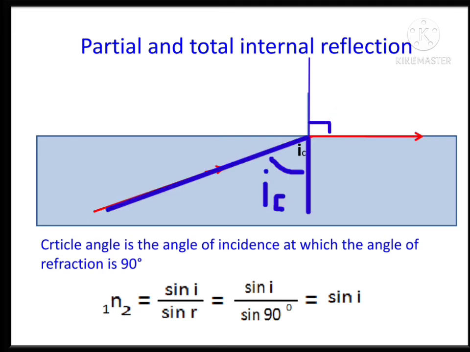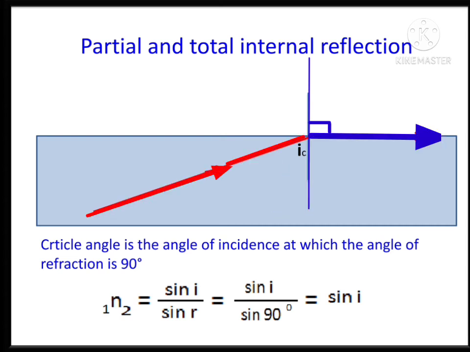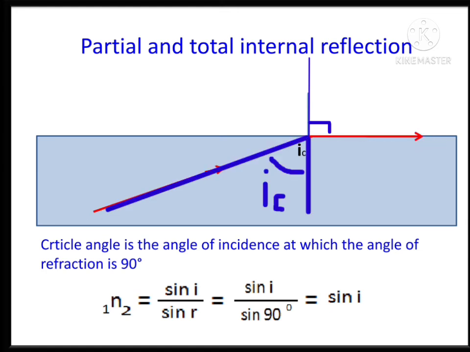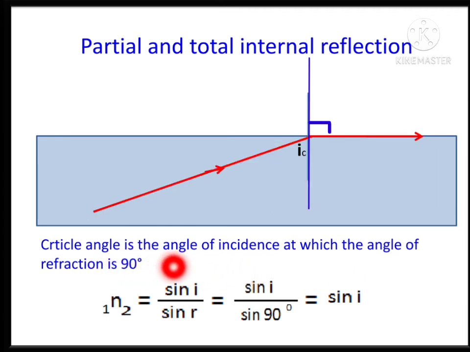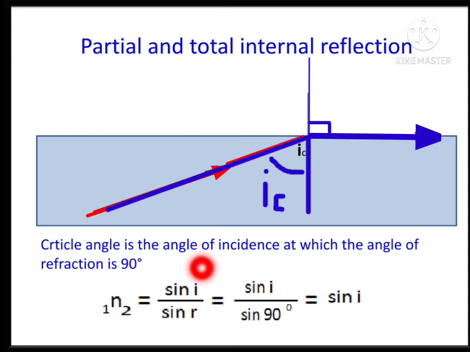At the time of critical angle, the refractive index 1n2 is sin i upon sin r. The angle of refraction is 90 degrees, so sin i upon sin 90 equals sin i. i is the critical angle here. Critical angle is the angle of incidence at which the angle of refraction is 90 degrees.